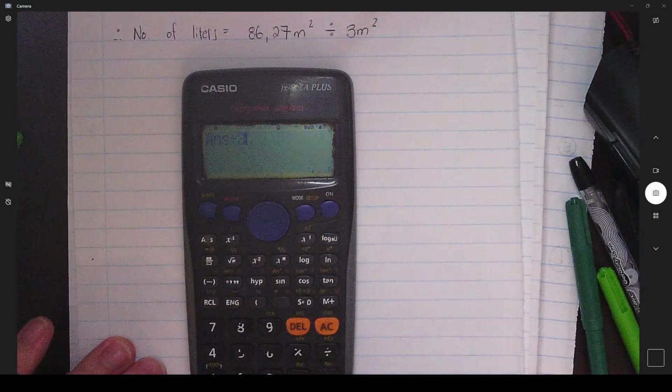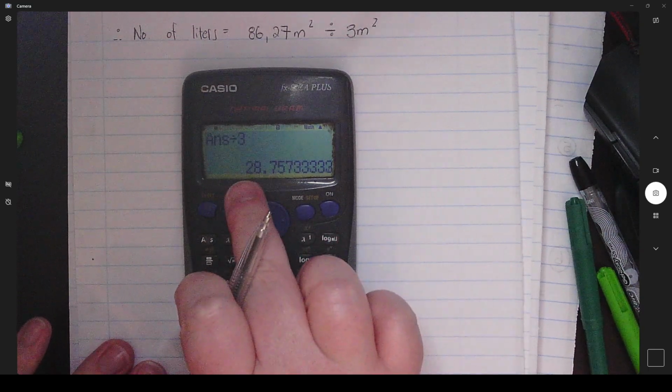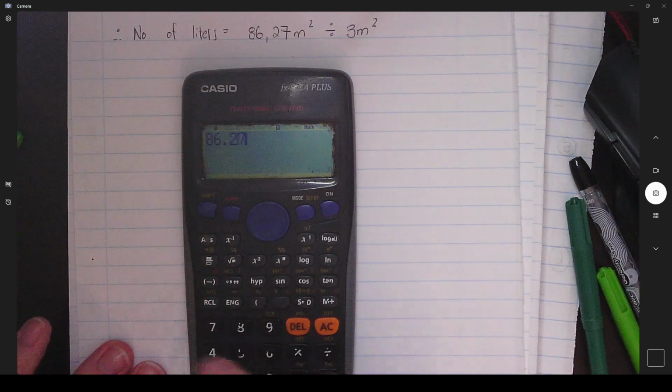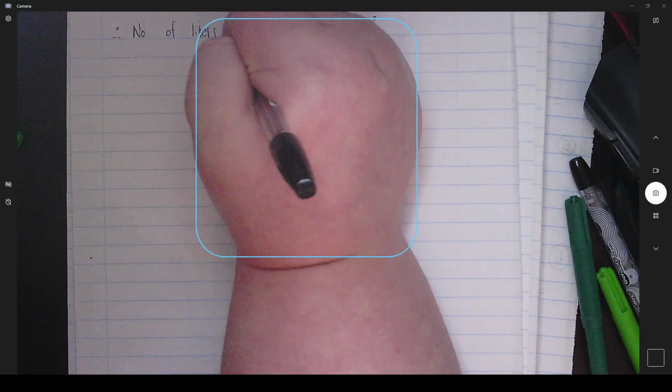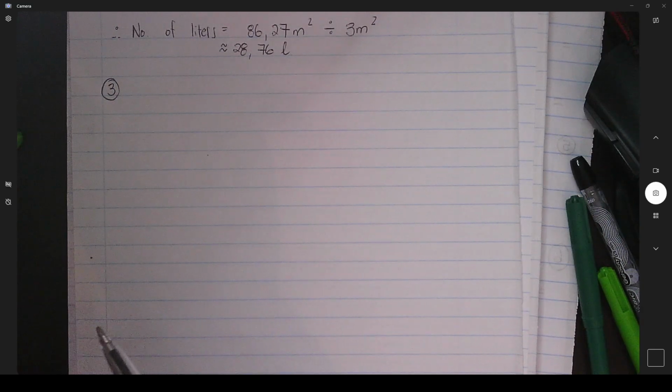I'm going to divide that by 3 and again round it off. It should give you 28,76. Let's double check that. Yep. 28,76 liters are required.